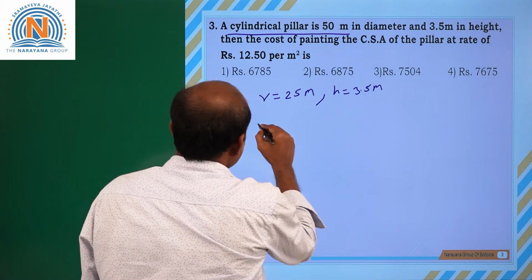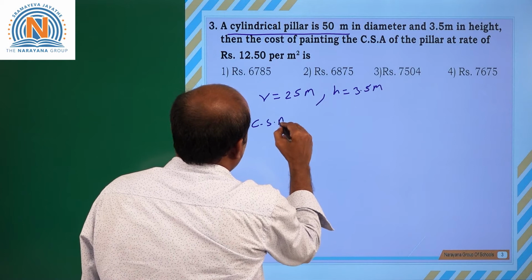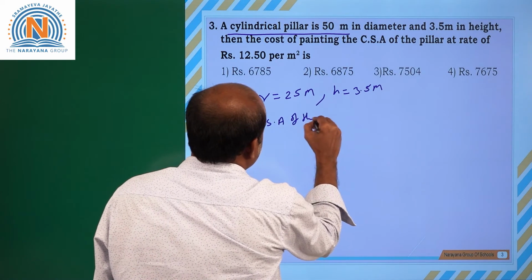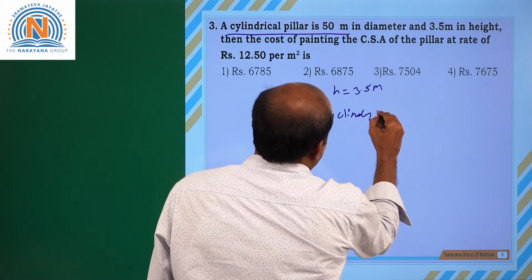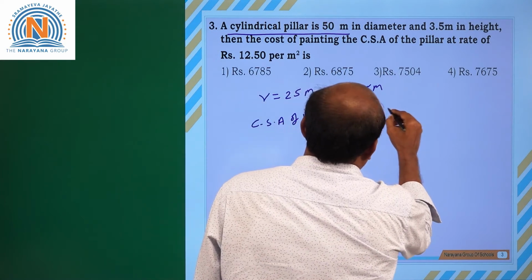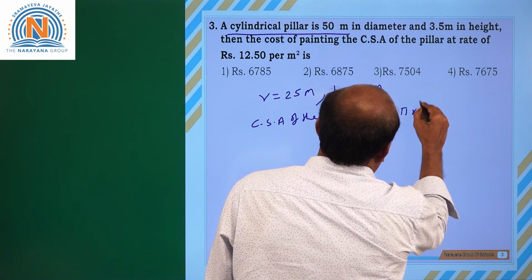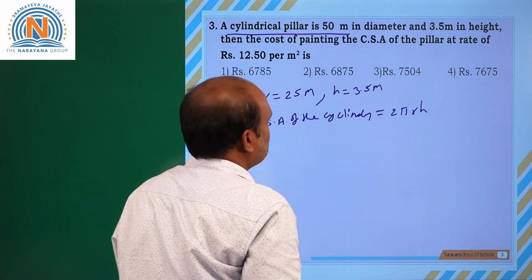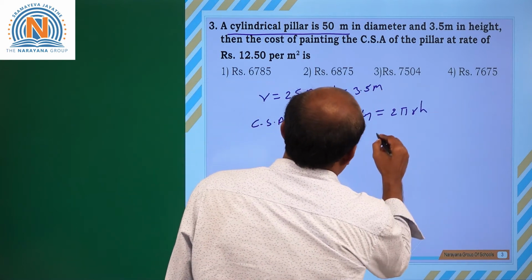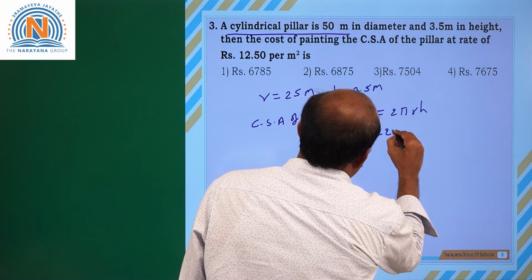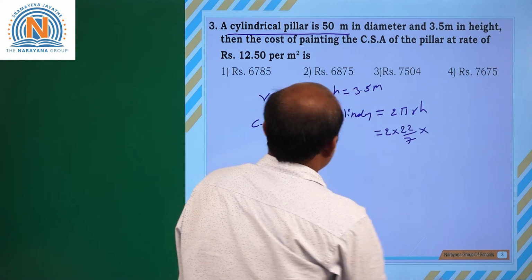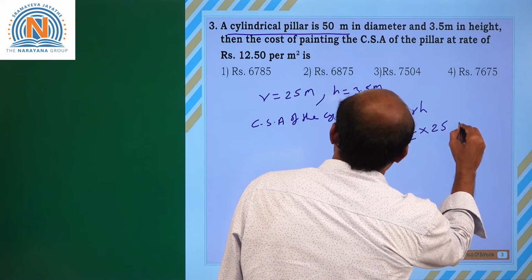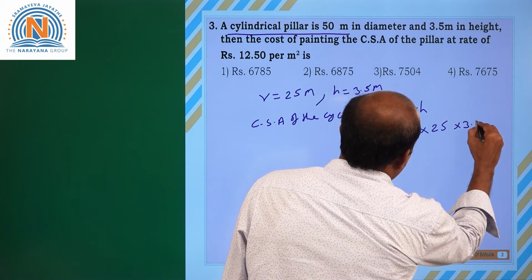So the CSA of the cylinder is equal to 2 pi rh. Curved surface area is 2 pi rh. That is equal to 2 into 22 by 7 into r, that is 25 meters, into h, that is 3.5.